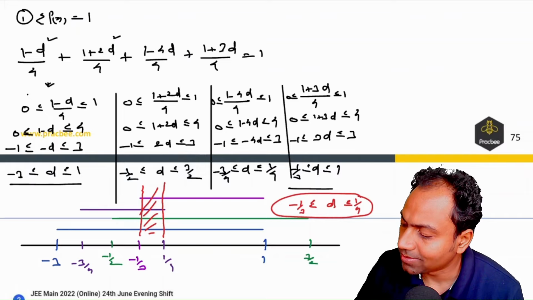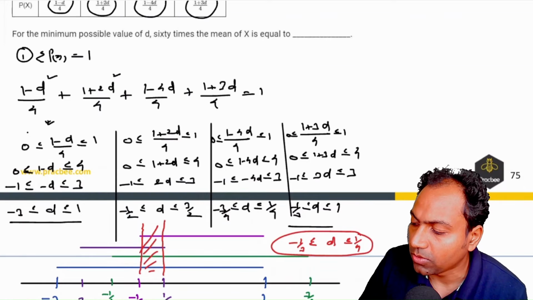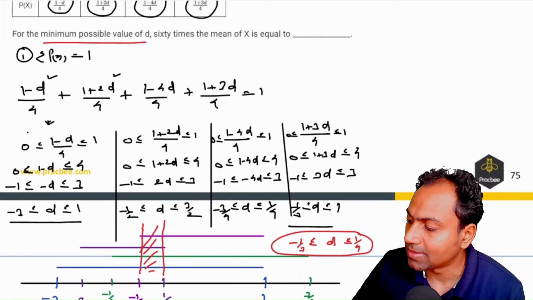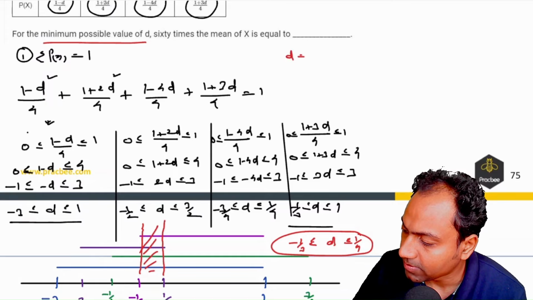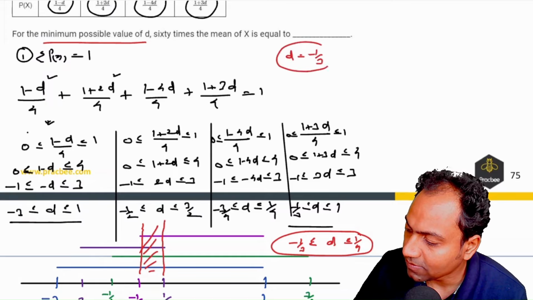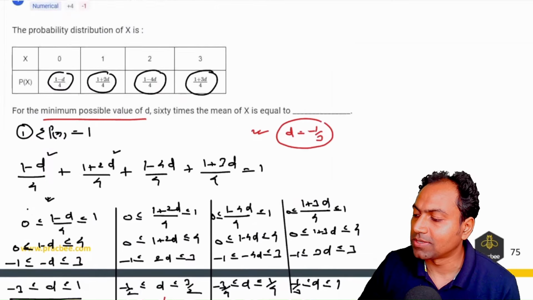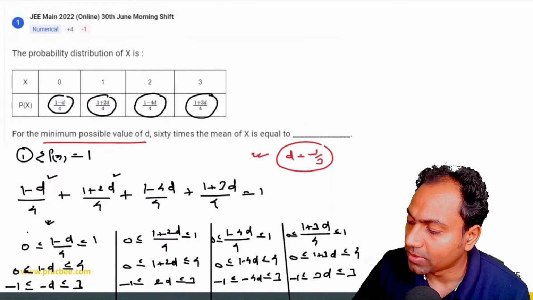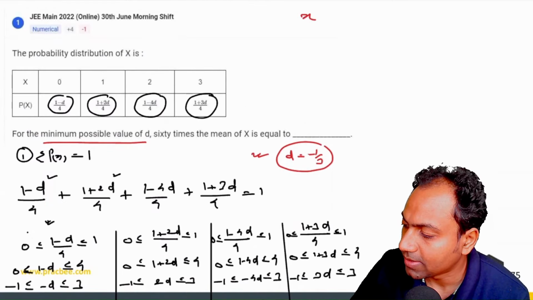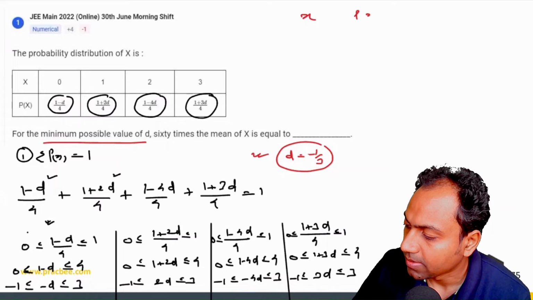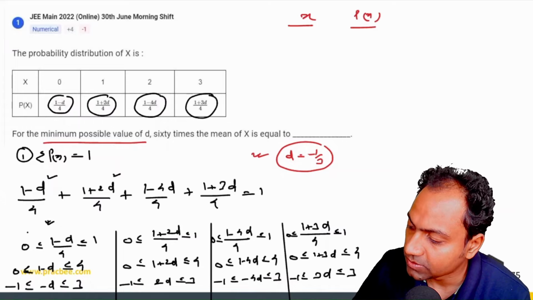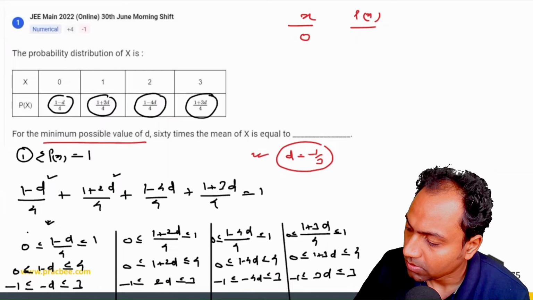Now let us go back to the minimum value of d. The minimum value of d comes out to be -1/3, so this is the value we need to consider. So this probability distribution table will look slightly different. Let us draw it: 0, 1, 2 and 3.